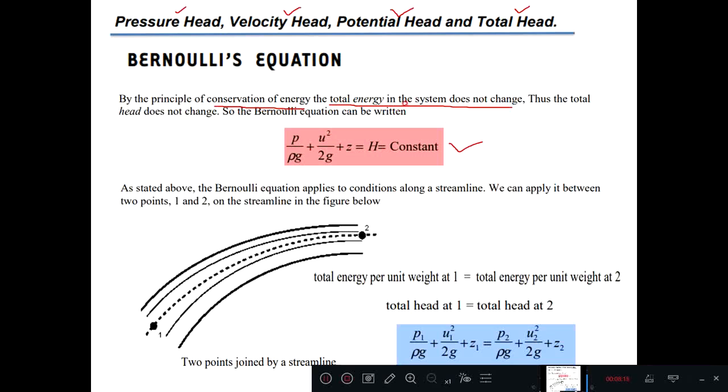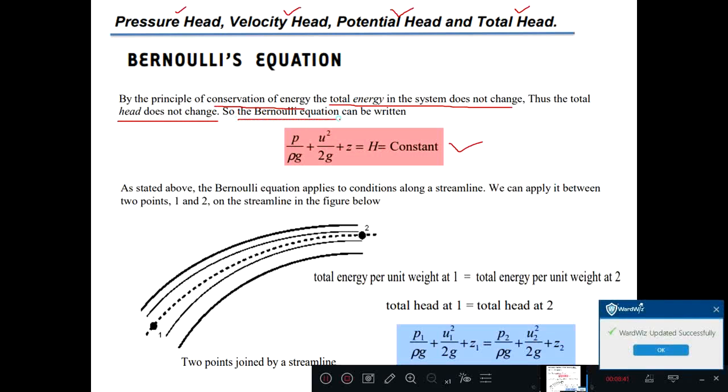The energy just gets transformed from one form to the other form. So finally the total energy remains the same. That is the law of conservation of energy. Thus the total head does not change.